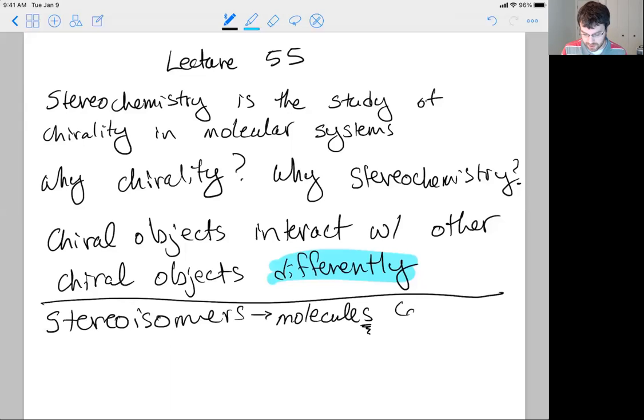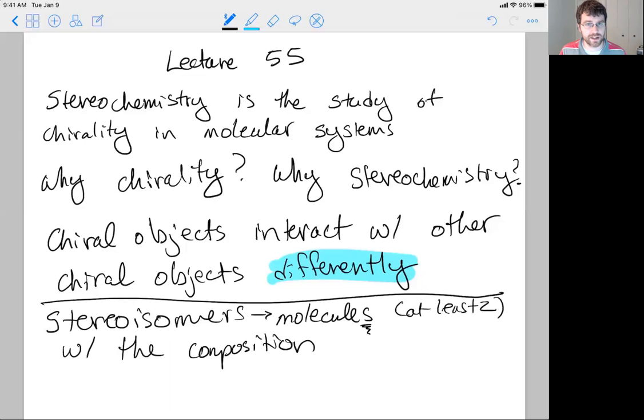Molecules, so at least two, with the same composition. That's true of any isomer. So all I'm doing is providing the first part of the definition of any isomer. They're going to be molecules, more than one, with the same elemental composition.